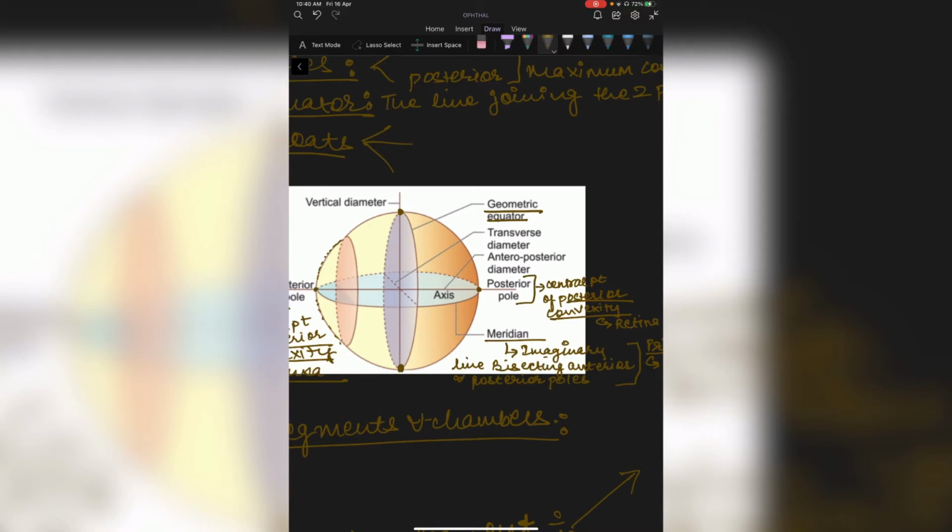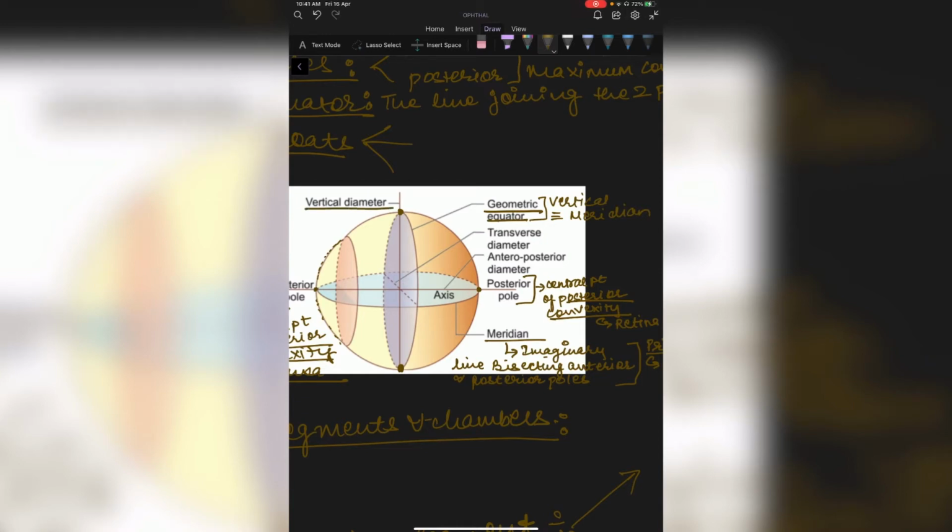Vertical two poles are joined by your geometric equator. It is just like the meridian. Meridian is horizontal, and geometric equator is the vertical equivalent of the meridian, you can say.